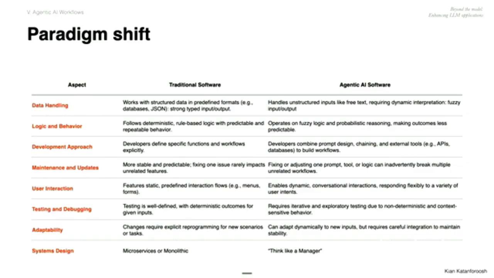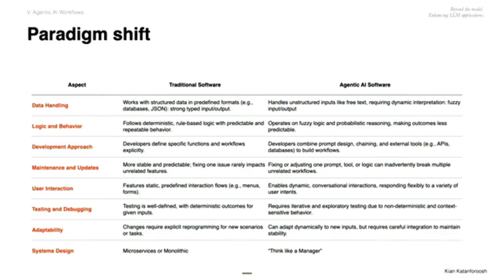The first one is the way you handle data. Traditional software deals with structured data. You have JSONs, you have databases, they're passed in a very structured manner through a data engineering pipeline, and then they're displayed on a certain interface. The user might fill a form that is then retrieved and put in the database. All of that historically has been structured data.